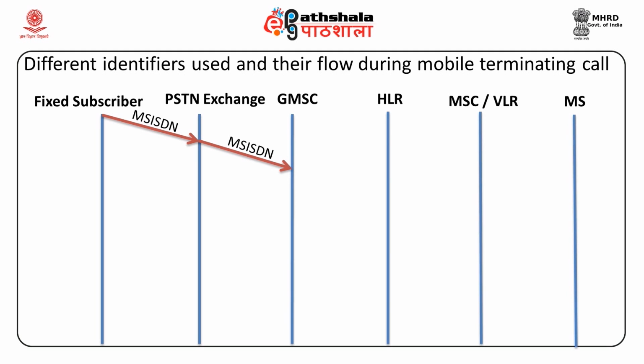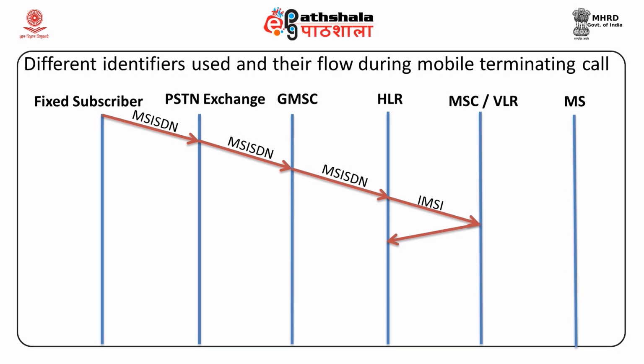The PSTN exchange forwards this MS ISDN number to the GMSC. The GMSC forwards it to the HLR. Now, the HLR will inquire about this number, but from now onwards, instead of MS ISDN, IMSI would be used.